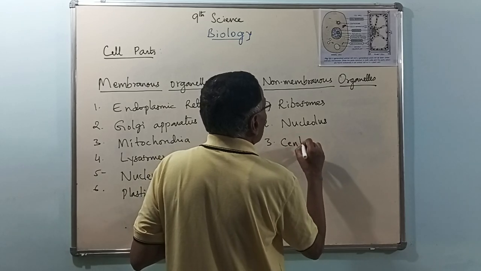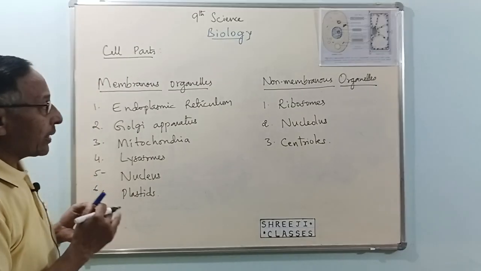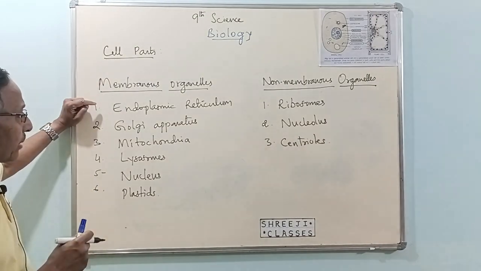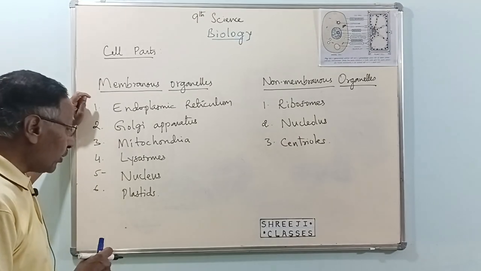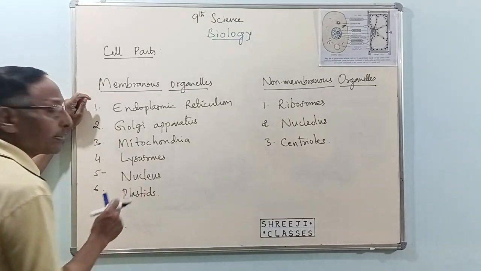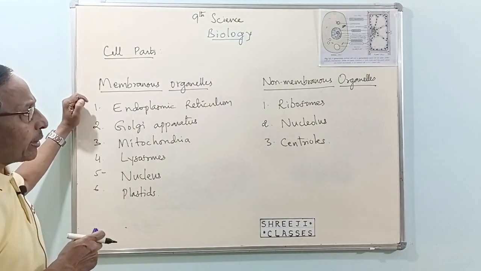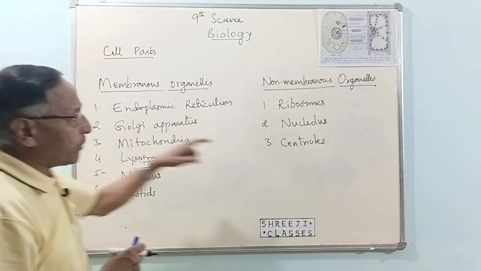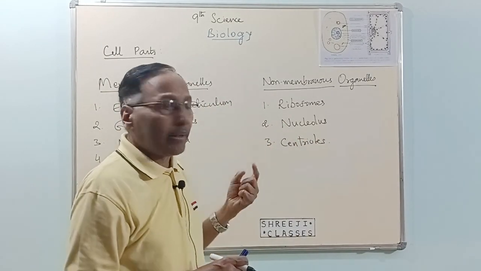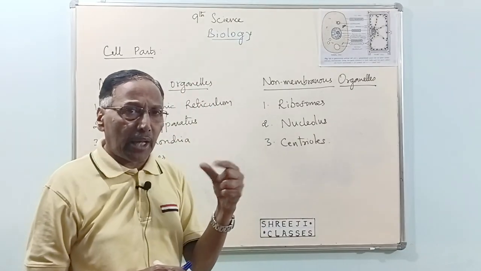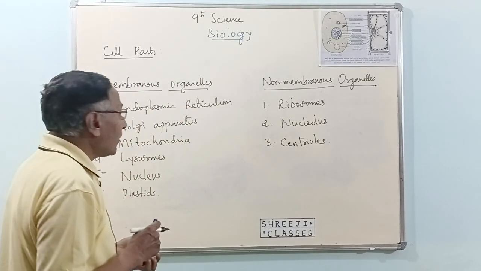Non-membranous centrioles. Endoplasmic reticulum is there, Golgi apparatus is there, mitochondria are there, lysosomes are there, nucleus is there, plastids are there. Ribosomes are non-membranous. Nucleolus may be more than one. If there are more than one nucleolus, we call nucleoli. Nucleolus is singular, nucleoli is plural. Then we have centrioles.